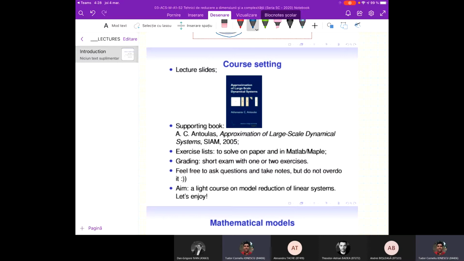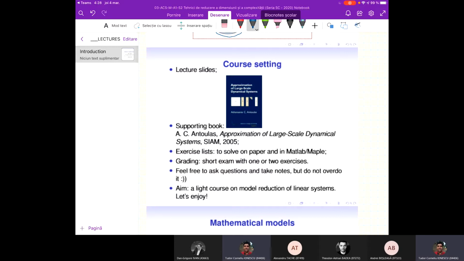So in this lecture we're going to have some lecture slides, and we're going to have a supporting book, which is this book, Approximation of Large-Scale Dynamical Systems by Thanos Antoulas from Rice University in Texas.